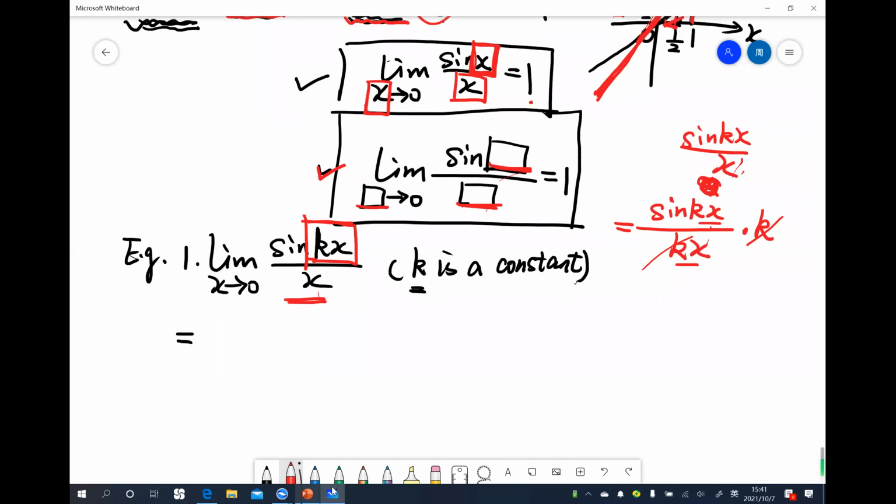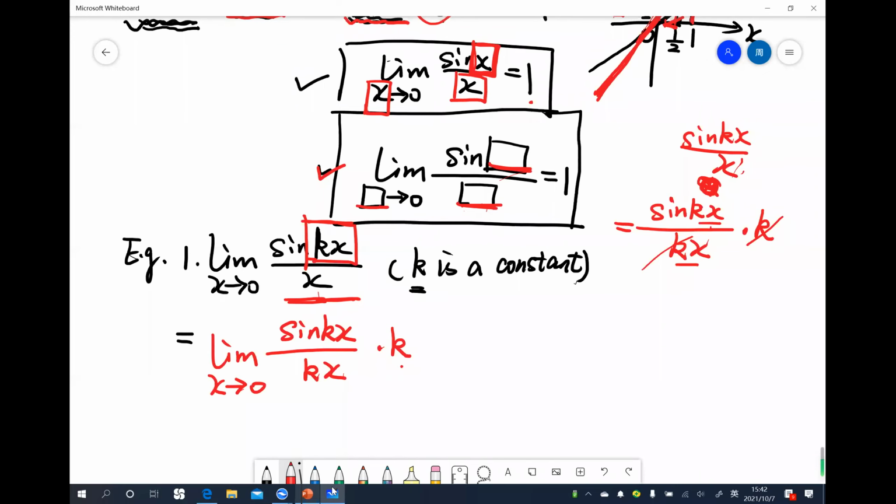So here I rewrite the function in this form: sine kx by kx, then times k. I want to use this formula, but I cannot change the original function. So I write kx as the denominator and then times k. And don't forget to write the limit sign.